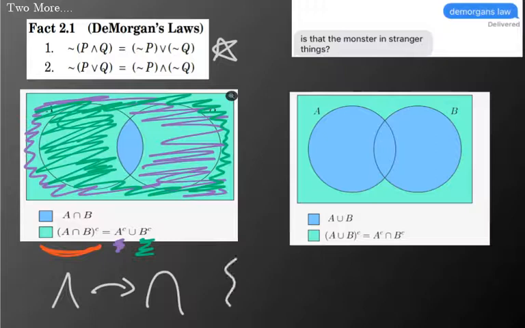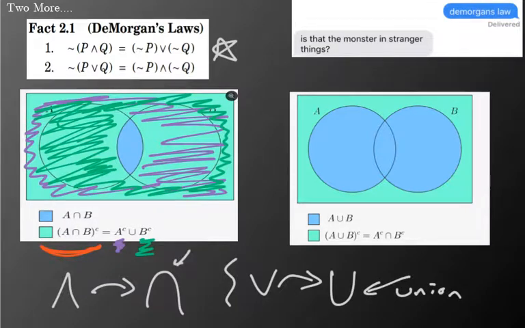And if you have a disjunction symbol in logic, then it turns into a union symbol. So this is called the union symbol, and this is called the intersection symbol. But they really mean the same thing. Union is read or, intersection is read and. They're just different symbols for different types of math.